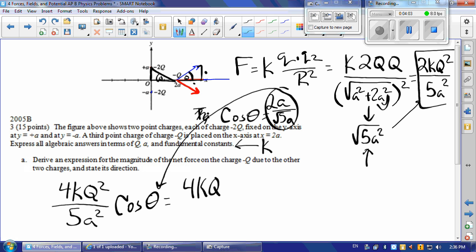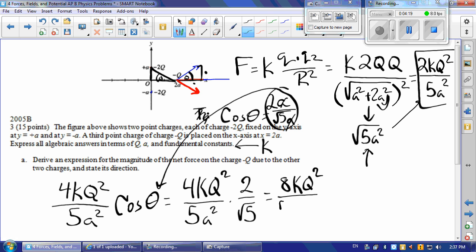So 4kq squared over 5a squared times, and if you simplify this down, you end up with 2 over the square root of 5. So finishing this off, we end up with 8kq squared all over 5 root 5a squared. And that is magnitude and direction.